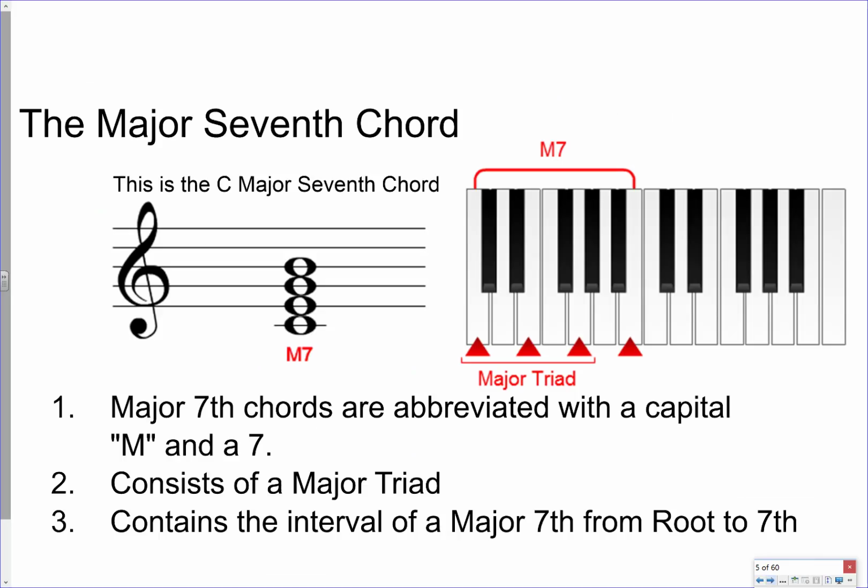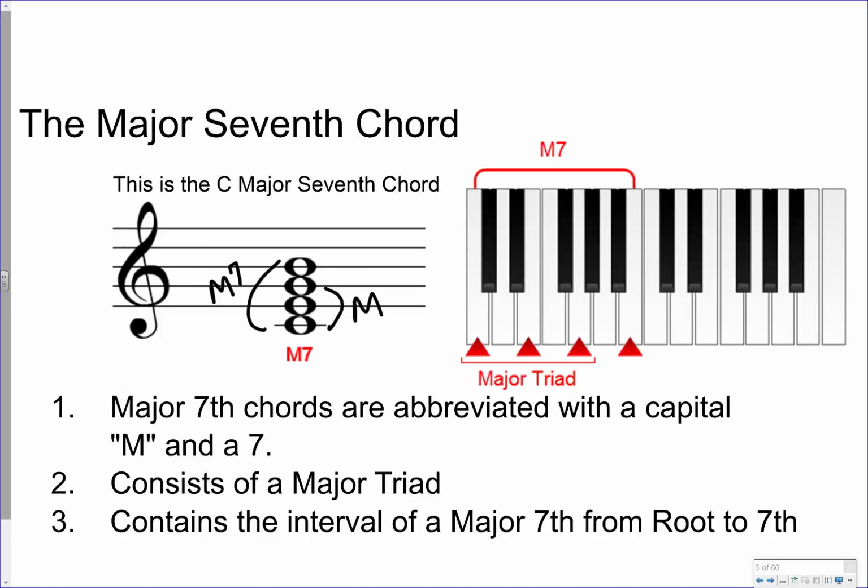Otherwise, let's go on. So let's go more in depth about the major 7th chord. This is an example of a C major 7th chord because we have a major triad right here, and we have a major 7th.